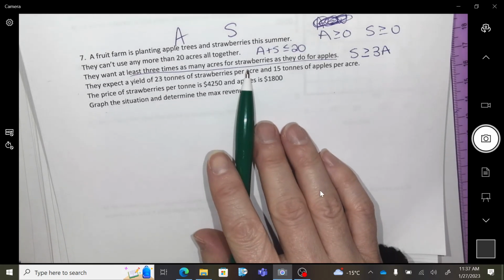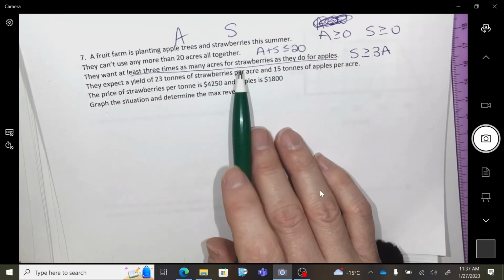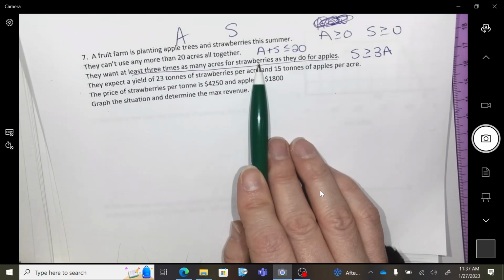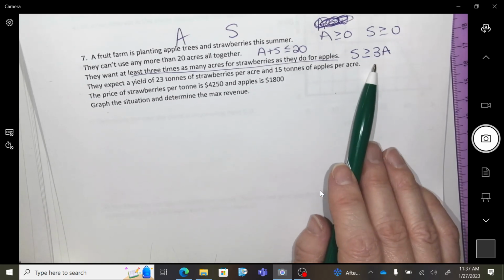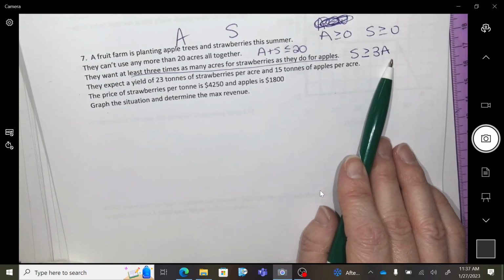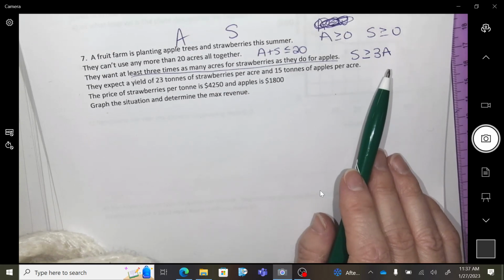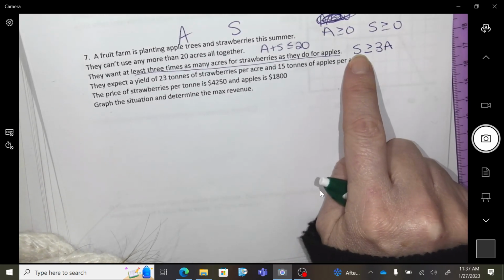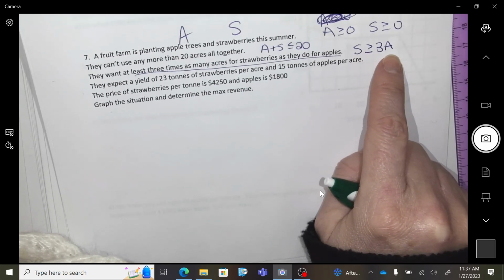Because you have more strawberries, right? You want 3 times as many strawberries. Did it make sense if I put a number in? So when you think about 10 apple acres, what do your strawberries have to get to? At least 30. So look at my math. My strawberries are going to be 3 times 10, right?